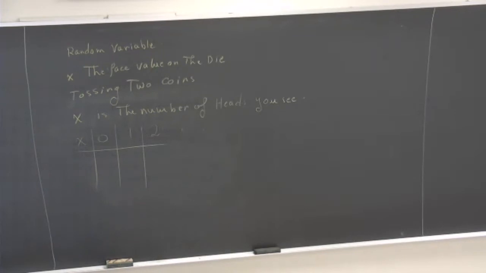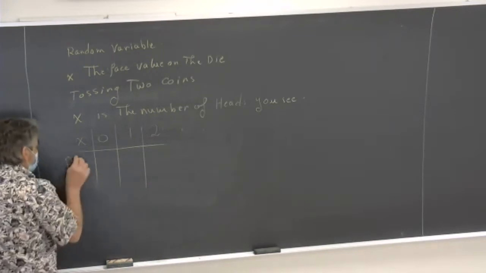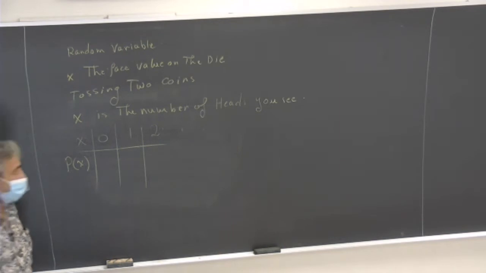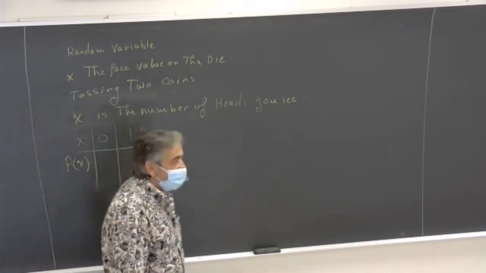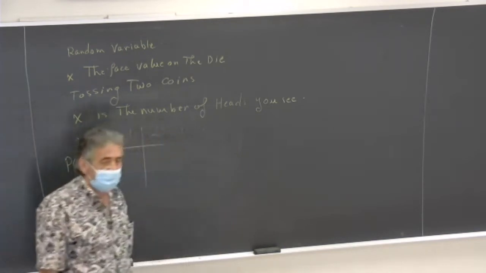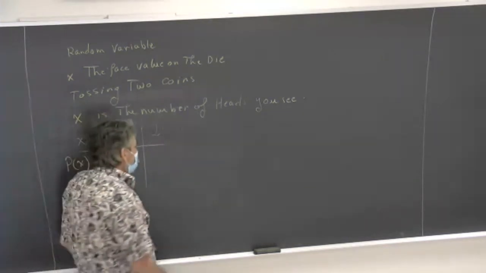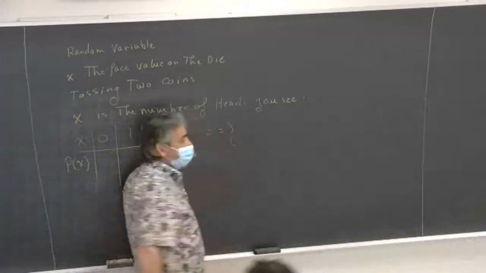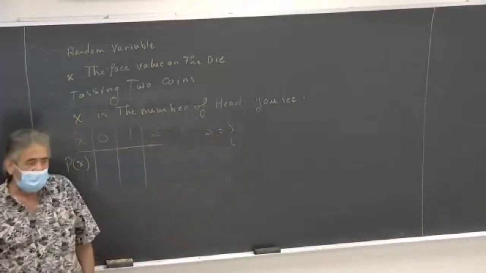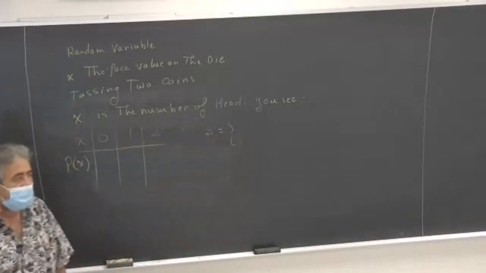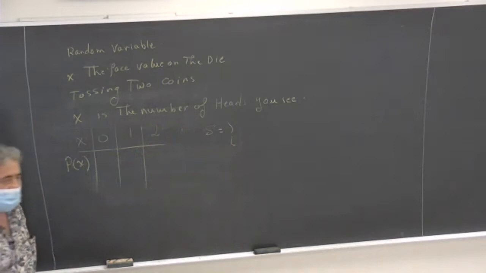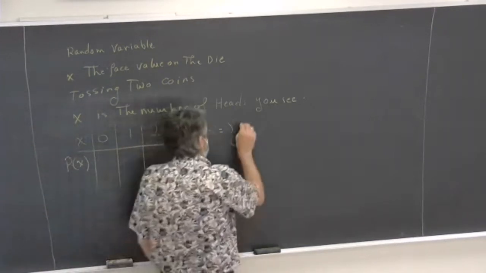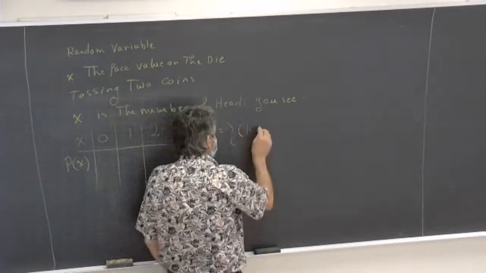So now let's talk a little bit about the probability of each one. For the probability of each one, we need to know a little bit about the sample space that we're looking at. So what is the sample space for this particular experiment? Another way, what are the possible outcomes I could have? The 2 coins could be both heads.